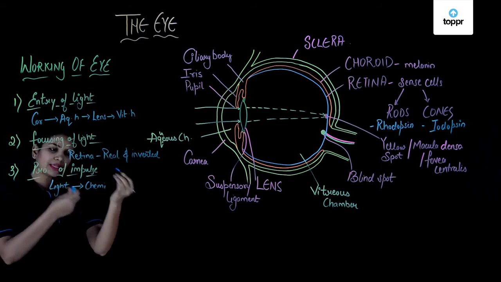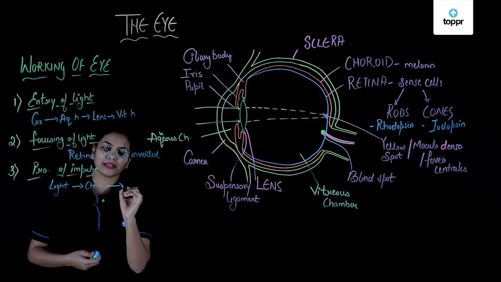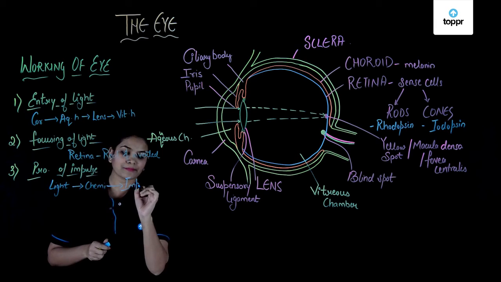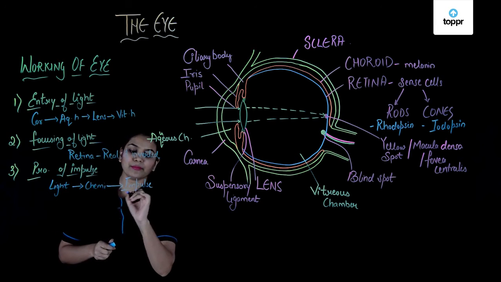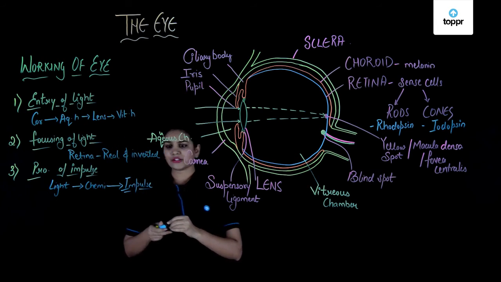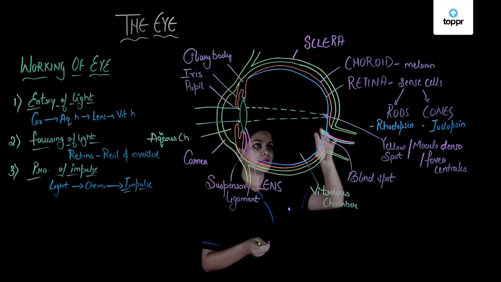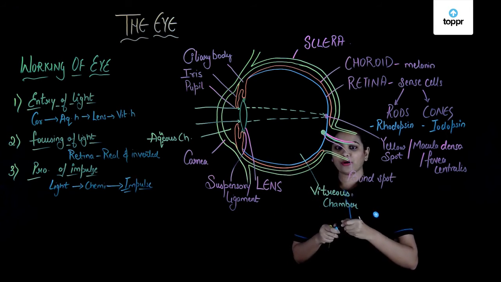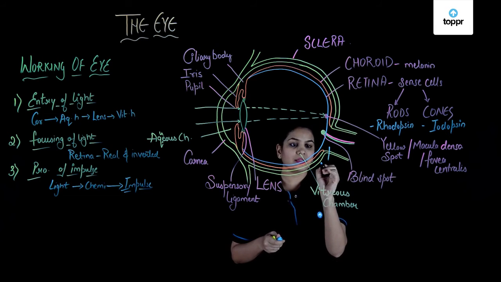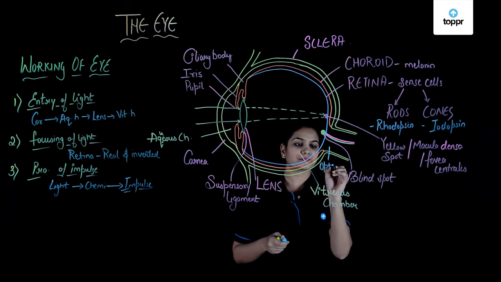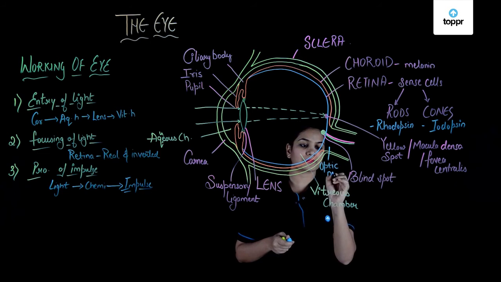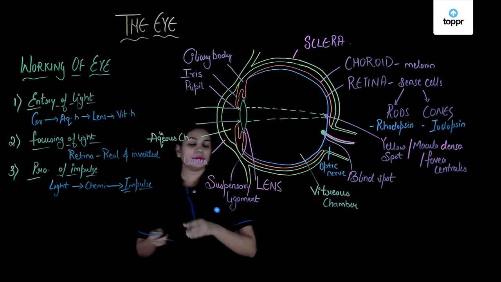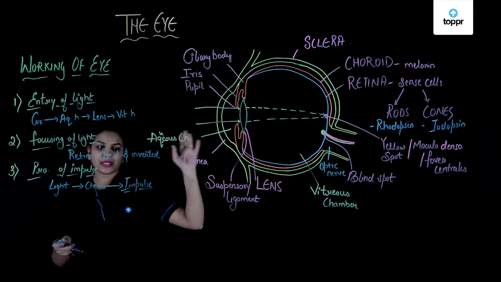It will convert into the chemical form, and finally these cells will convert this into an electrical impulse, and this electrical impulse which is formed by these cells will be taken out with the help of the optic nerve. So this is the optic nerve which brings the impulses from the eye to the brain, okay.